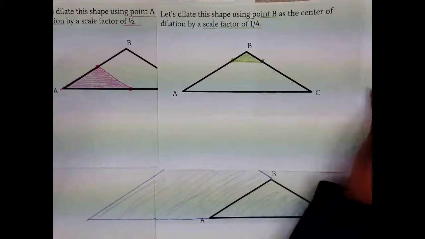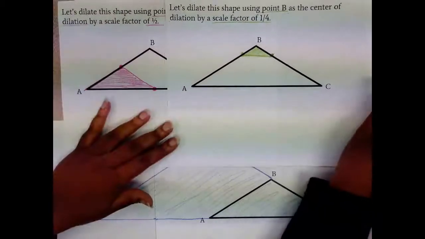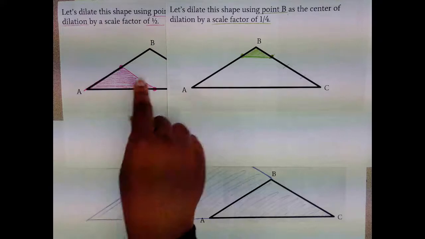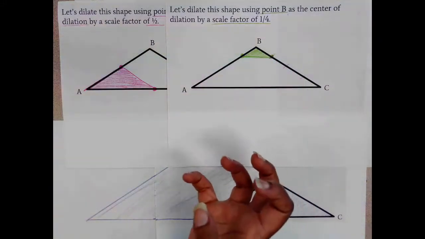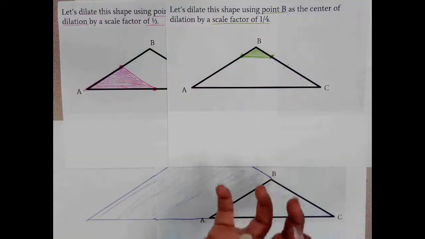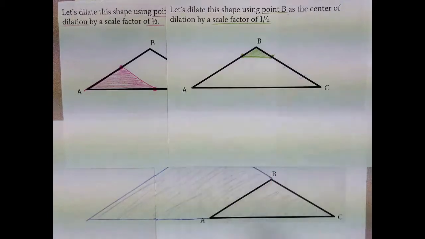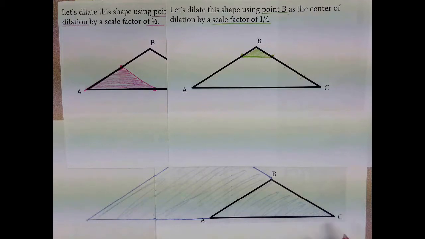So if we look at our pictures, when we had a scale factor of 1/2 or 1/4, it kind of shrunk the picture and pulled the picture closer to the point of dilation. When we have a scale factor that is a whole number or greater than 1, you notice that it takes the image away from the center. You see that the picture started to move out.